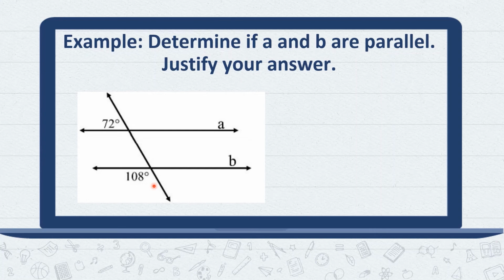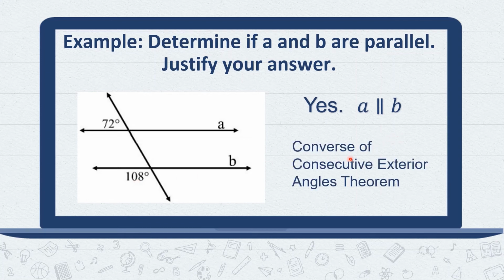Same side exterior angles or consecutive exterior angles are supplementary. So when we get the sum, 72 plus 108 is equivalent to 180 degrees. If these two angles are supplementary, we can now say that line A is parallel to line B by the converse of the consecutive exterior angles theorem.